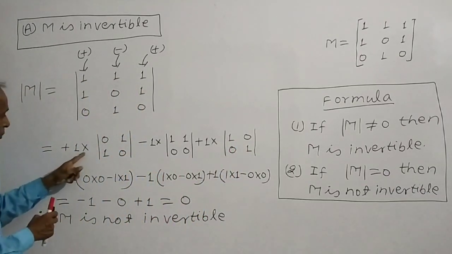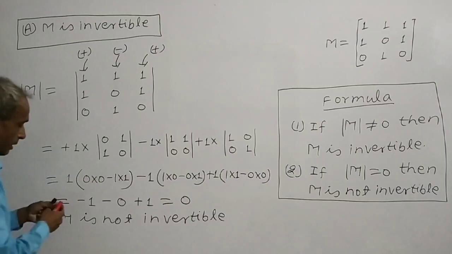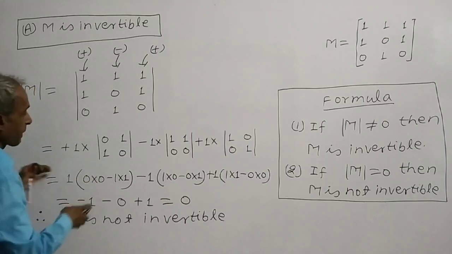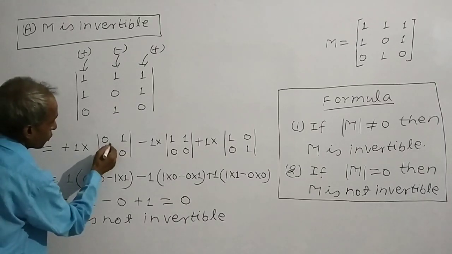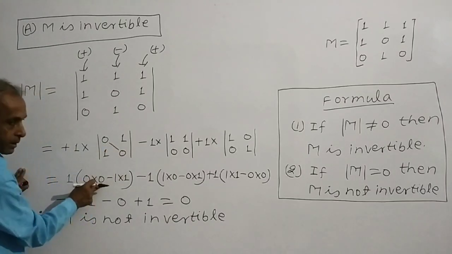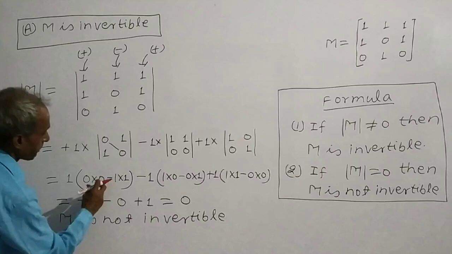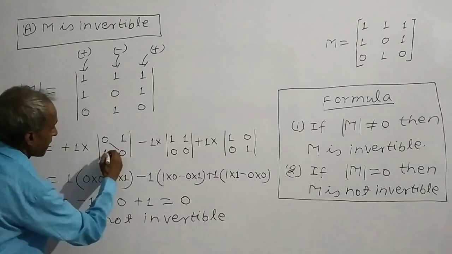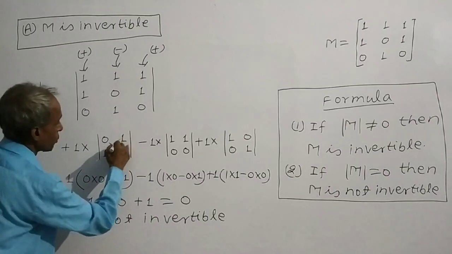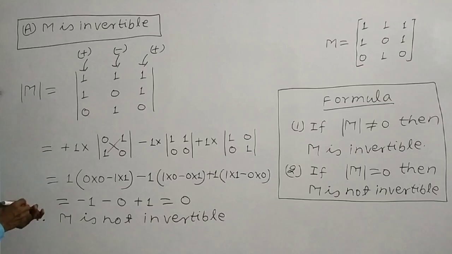That is equal to 1 times: first multiply these two diagonal elements, and after that write a minus sign and then multiply these two elements.